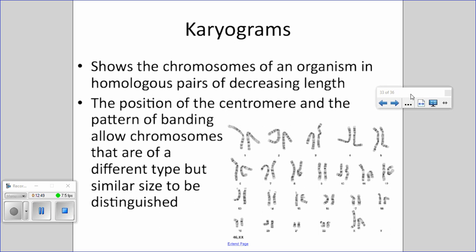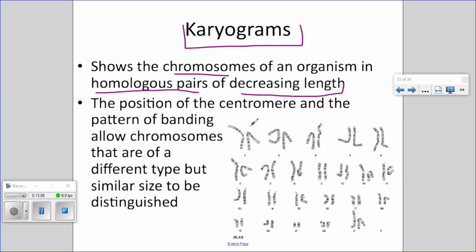So in terms of visualizing the complete set of chromosomes within an organism, this is done through karyograms. So a karyogram is going to show the chromosomes of an organism in those homologous pairs in decreasing length.